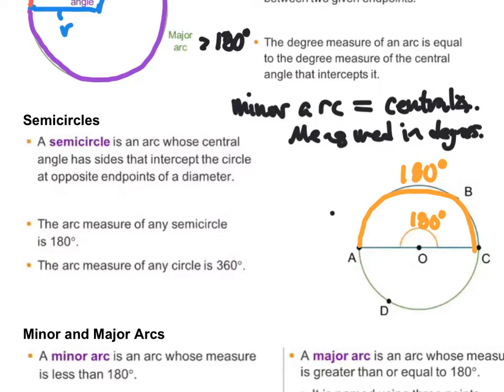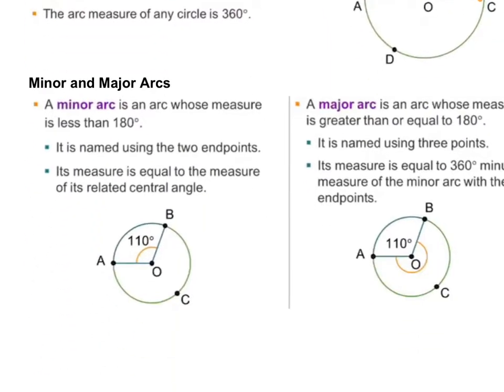So let's talk more about what this is down here. It says a minor arc is an arc whose measure is less than 180 degrees. We've talked about that. A major arc is an arc whose measure is greater than 180 degrees, and to name it we use the two endpoints, and its measure is equal to the measure of the related central angle. So here's what I know. I could say this a couple of different ways.